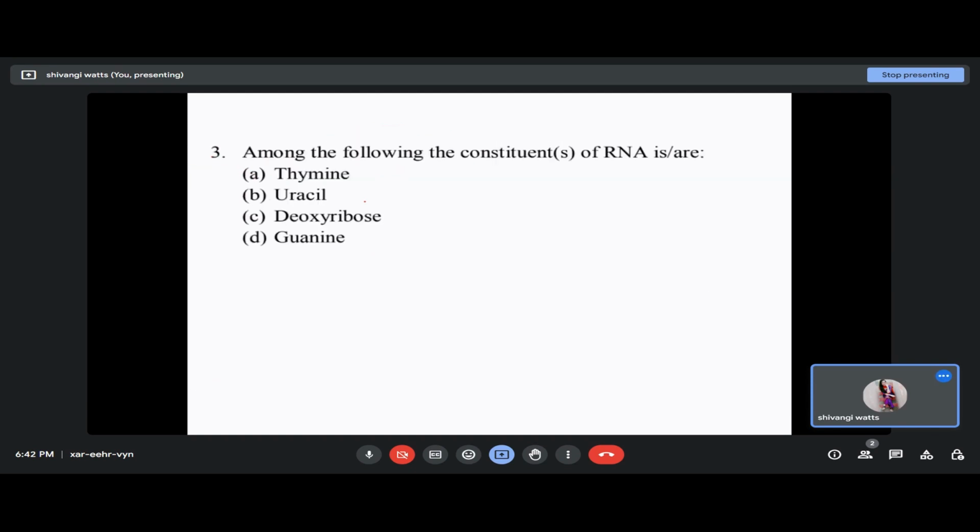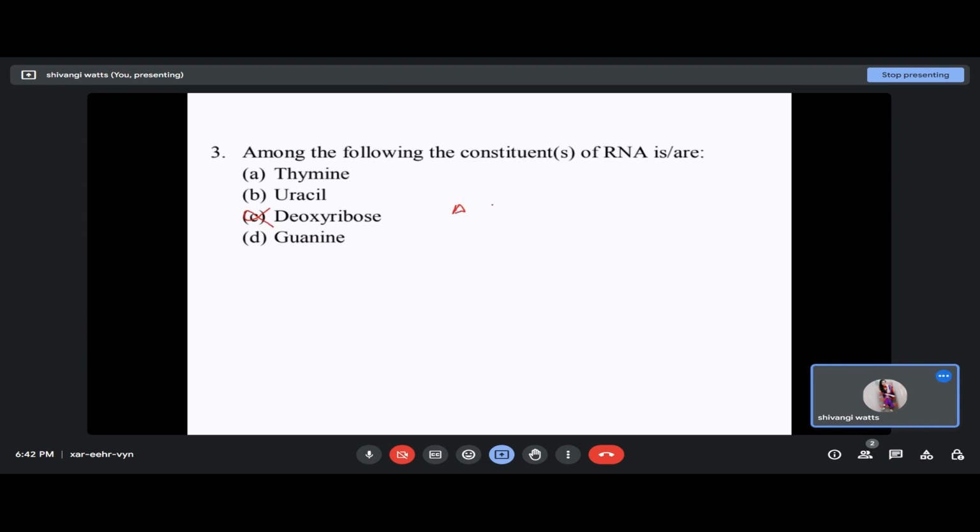Among the following, the constituent of RNA is? The full form of DNA is deoxyribonucleic acid, and RNA is ribonucleic acid. So deoxyribose is not present in RNA.